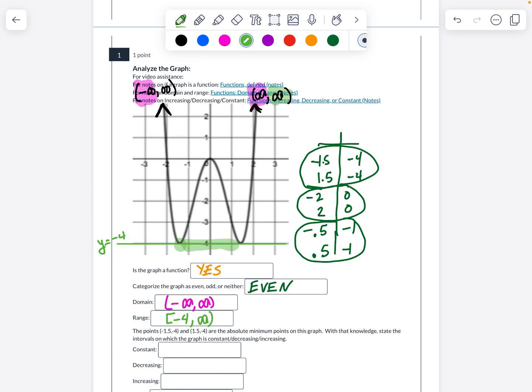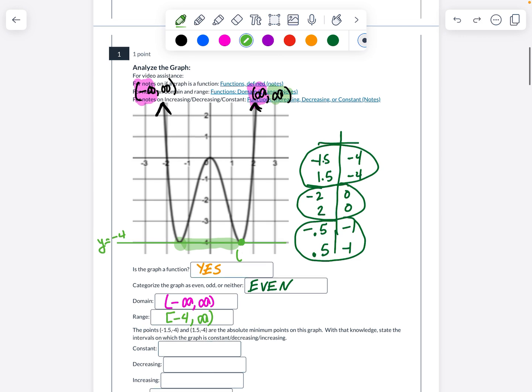And -4 is actually on the graph because this point right here is the point 1.5, -4.